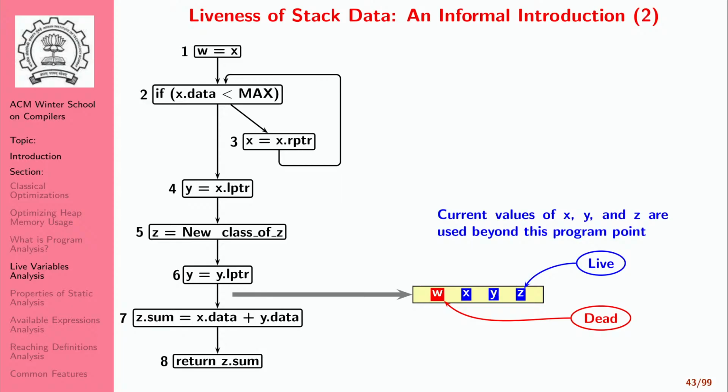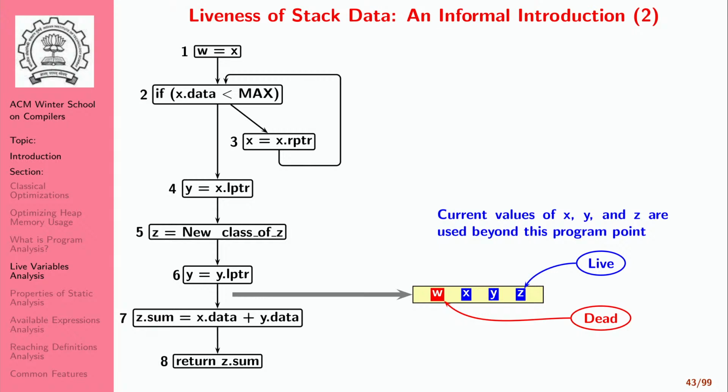X, Y, Z. I am redefining the value of Y. So will Y be live before this? Is the current value in Y required? We need Y because Y is being read on the right hand side.